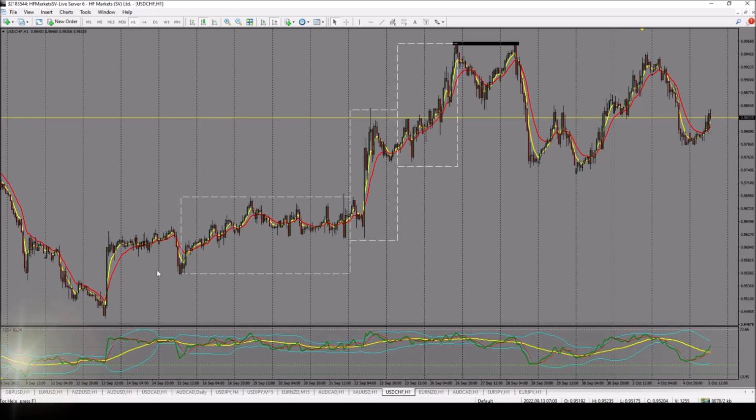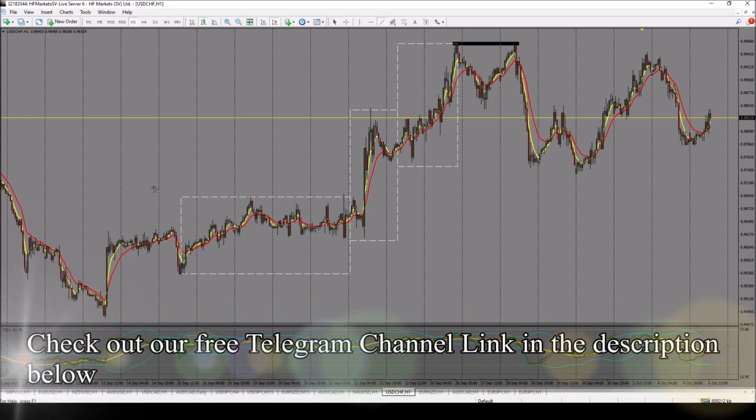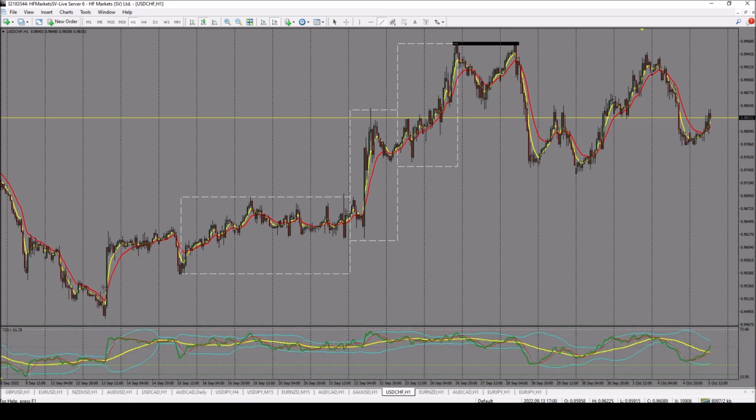In this case, we can as well see that we had two EMA crossovers as I've illustrated on the previous slide. We had a 5-13 EMA crossover. The 5 is the one in yellow, the 13 the one in red.